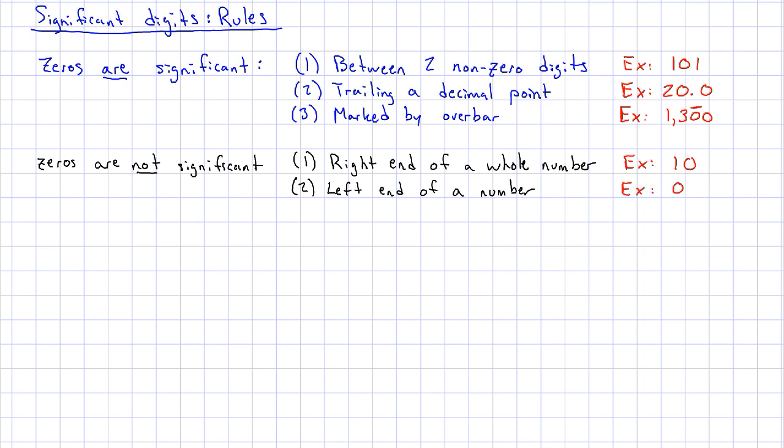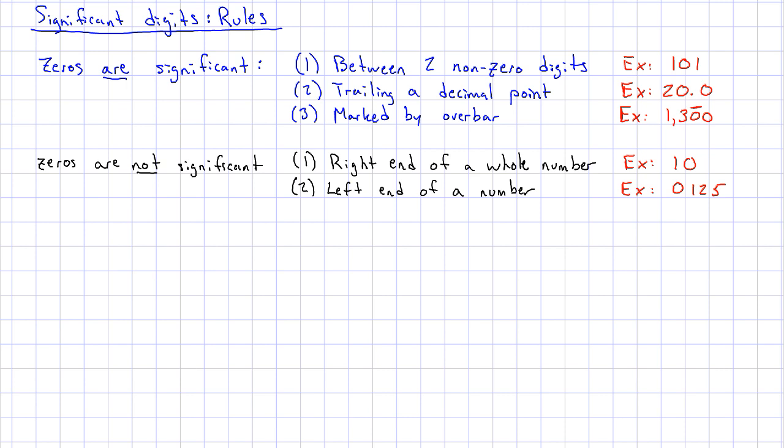If I do 0125, and I call that number 125, that's something that might show up in a computer program where you have to have 4 digits and they're forcing that. But this number here, 0125, would have only 3 significant digits because that 0 is at the left end of the number.